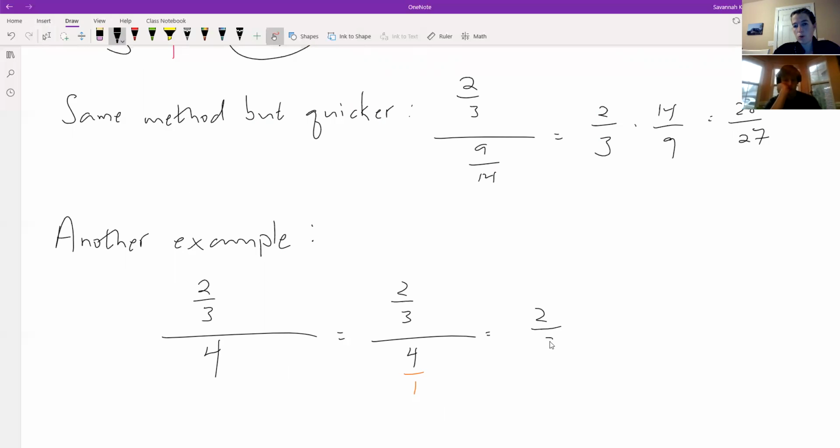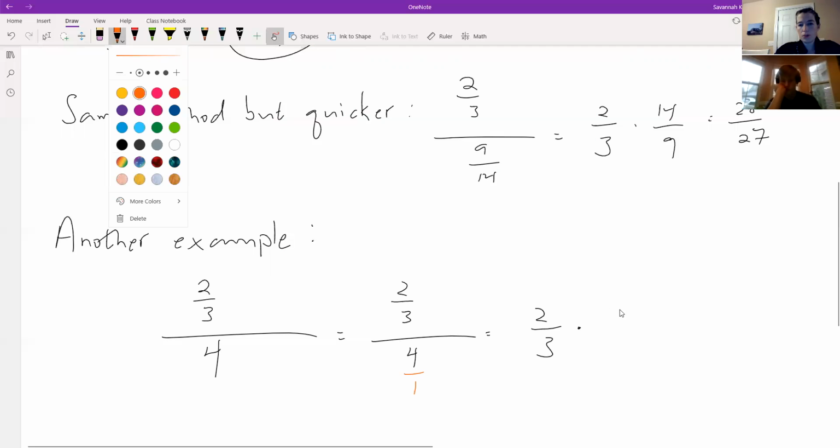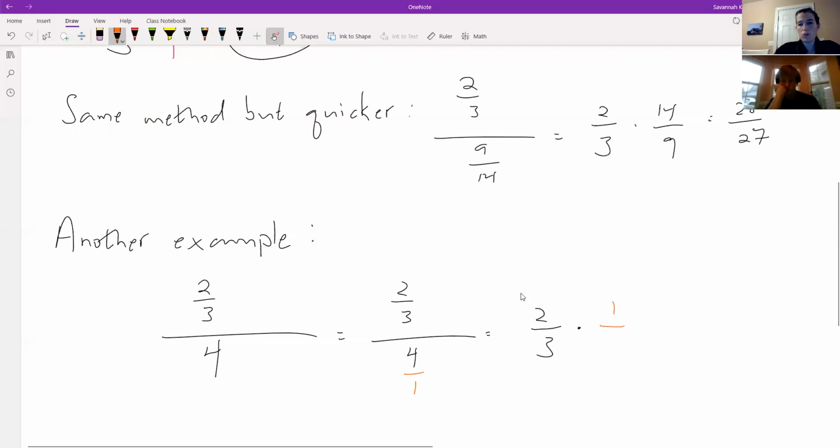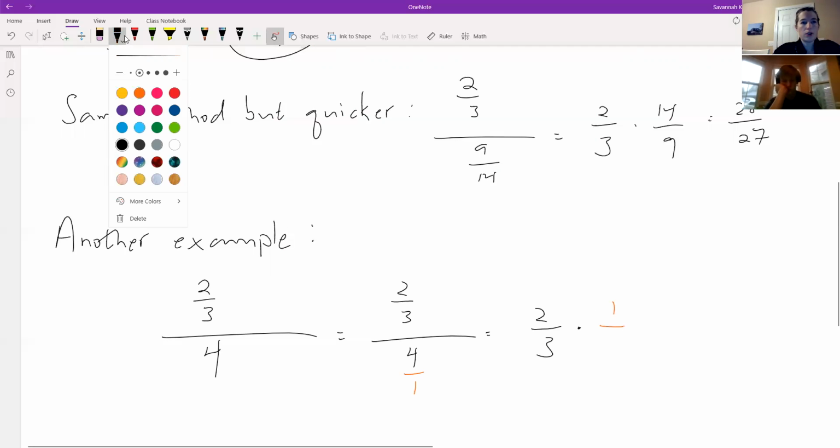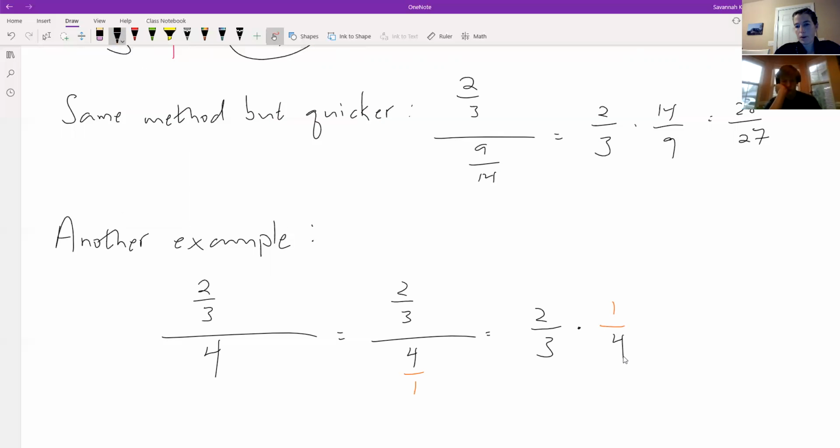So 2/3 divided by 4 over 1 is the same thing as 2/3 times 1 over 4. I'll keep the color coding there. In this case, I'm using the more streamlined approach because this is likely more familiar to what you've seen in the past. But if you need me to put in more steps, just stop me and I can always do that, because with math, particularly algebra, there's always like 50 different ways of showing something.